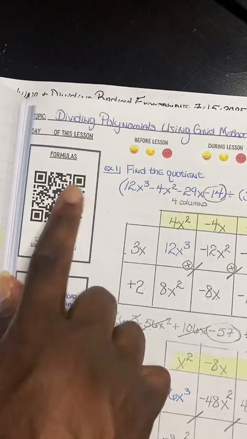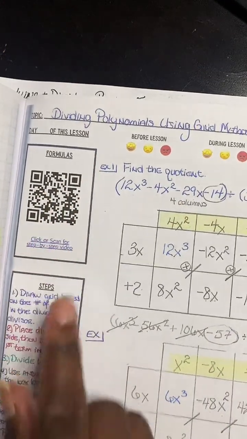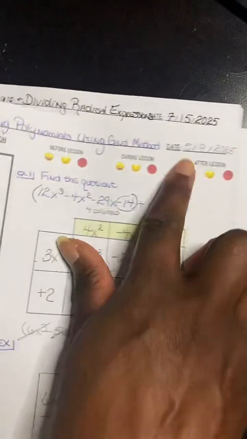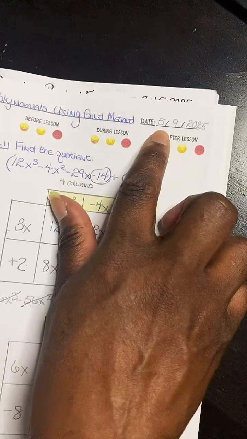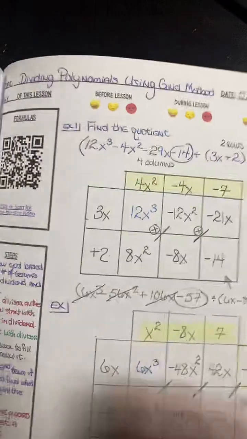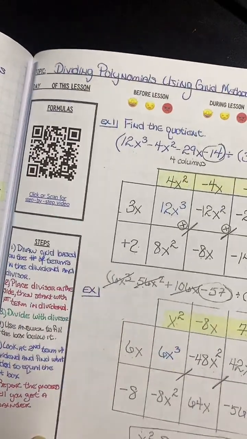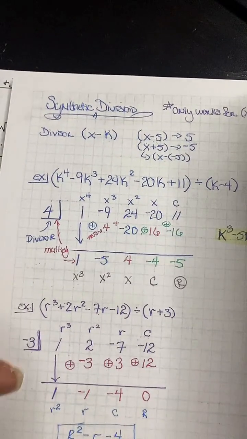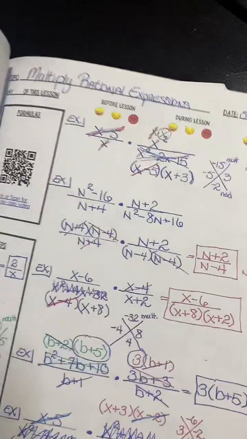All you have to do is scan the QR code and it will take you directly to the live that's associated with this. This one was back on May 9th, and notice it gives you the steps that you should take. I have some other additionals. This was the synthetic division that I did on the other side, but it was all copies of my notes.